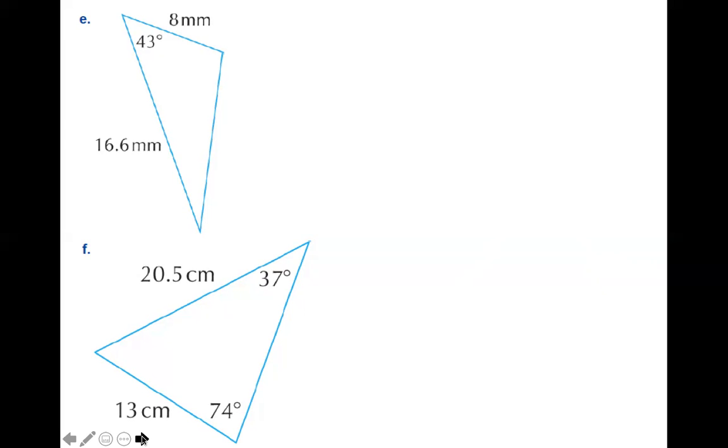So let's try and do F. Let's say this is A, this is B. I need sine C. I've been given B and I've been given A as angles.